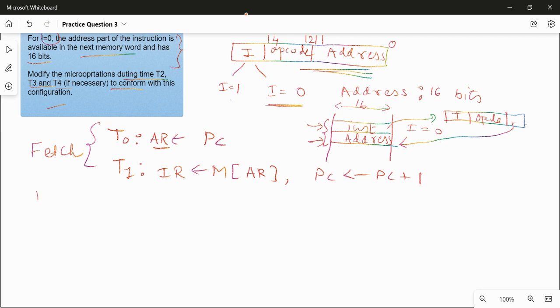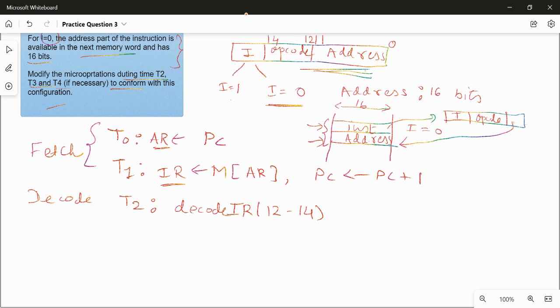Now, if we talk about the next phase, that is the decode phase, then we have to use the timing signal T2. Now, what usually happens for the basic computer's decode phase, whatever instruction is available in IR, the control attempts to interpret the meaning of that instruction. So, IR of 12, 13, and 14. These three bits will be used for the decoding purpose.